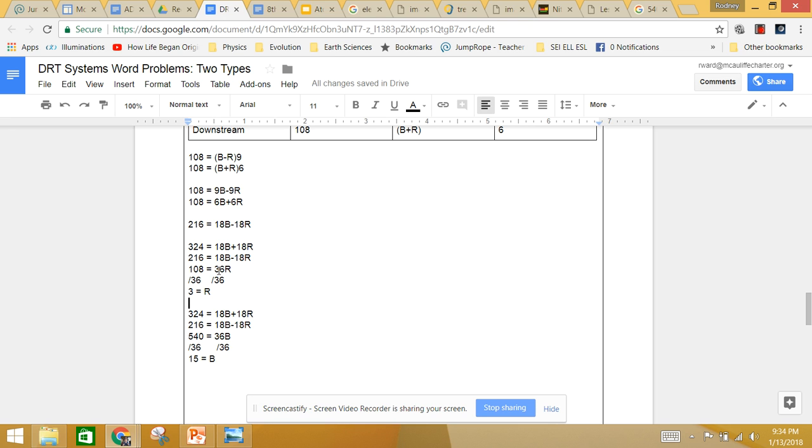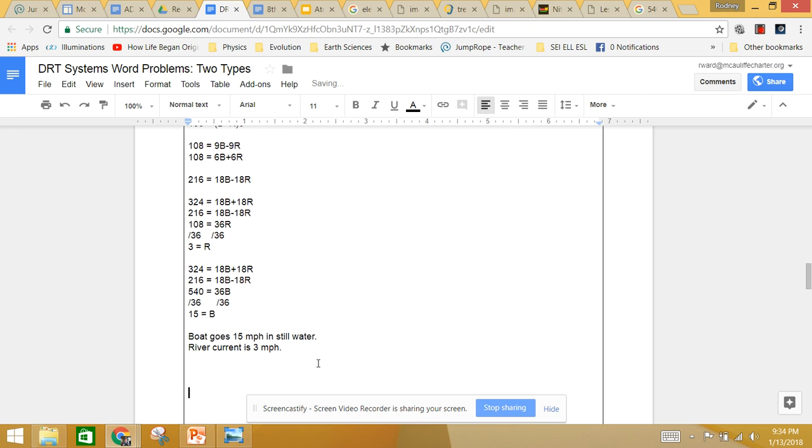My river current speed is 3 miles per hour. And we're done. Well, I should probably write a statement: boat goes 15 mph in still water. River current is 3 mph. Now I'm really done. I'm going to stop the video now.